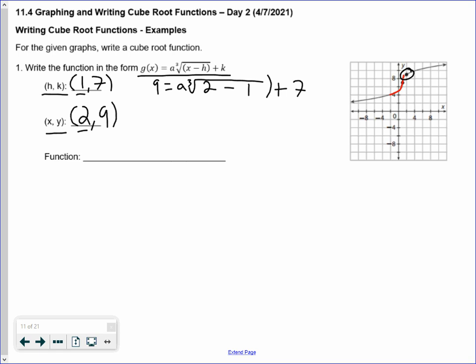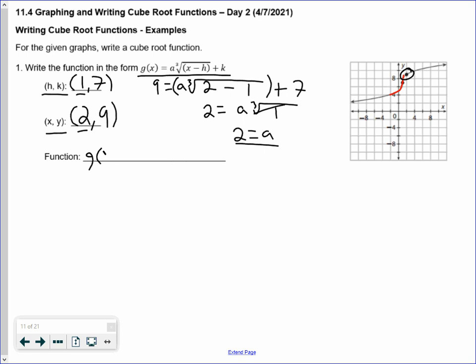Remember, the k value is going to be outside of the cube root. Now we need to solve for a, so we subtract 7 on both sides. We get 2 equals a times the cube root of 2 minus 1, which is 1. The cube root of 1 is 1, since 1 times 1 times 1 is still 1. So that just goes away. We have 2 equals a, so our a is 2.